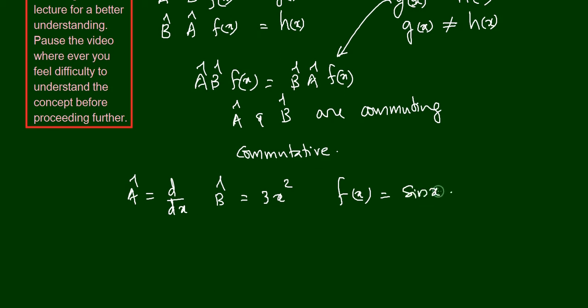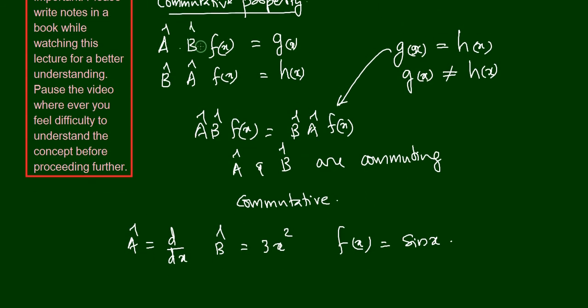Let us check whether A cap and B cap are commutative. First we do A cap B cap f of x and check the result, and then we do B cap A cap f of x and check the result. If these two results are the same, that is g of x is equal to h of x, then we can say that A cap and B cap are commutative.